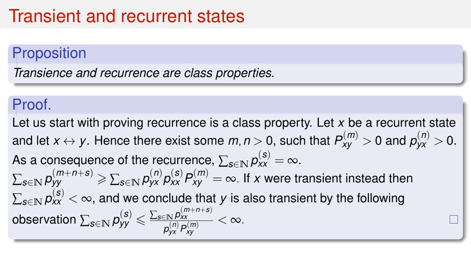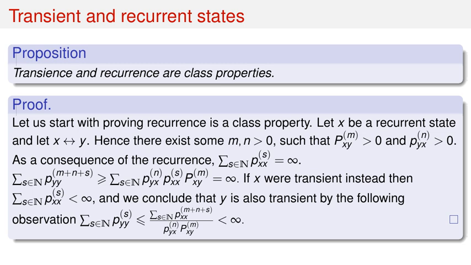We can then conclude that y is also transient by observing that the sum over s of P_yy^s is less than or equal to the sum over s of P_xx^(m+n+s) divided by the product P_yx^n times P_xy^m.